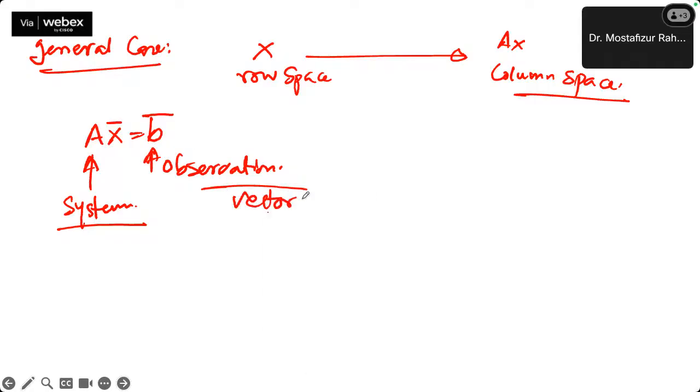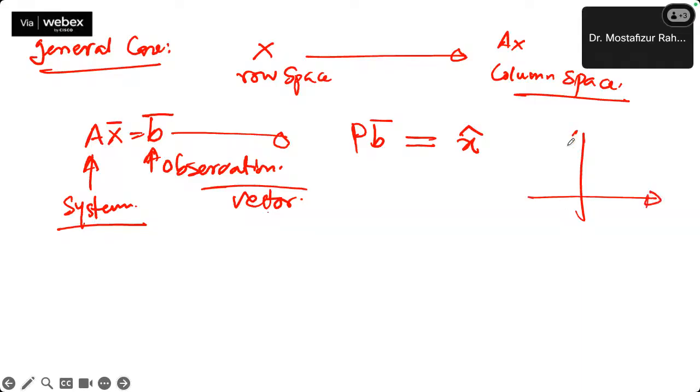So this technique is telling that you should be able to project this b with P, a projector on b, and this should project to the column space, which should give you the exact solution, right? Because column space and null space are orthogonal, if you do (identity minus P) times b, you should get the error vector.